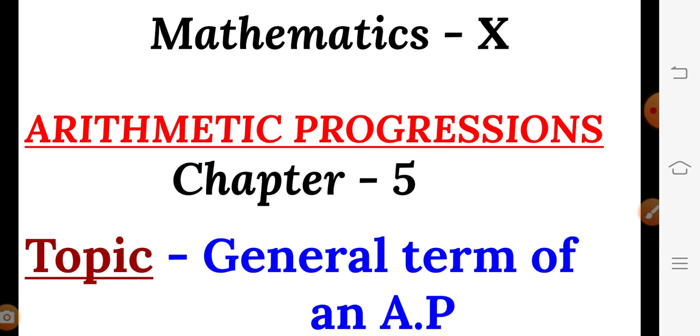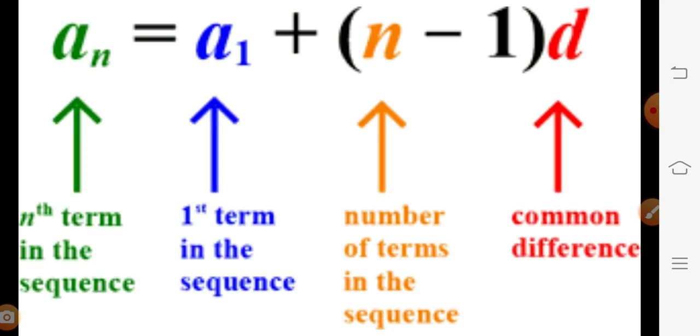We represent the first term by small a, and by small d we represent the common difference, the difference between any two consecutive terms of the given AP, and n we call the number of terms. All these things we are able to find by using the formula for the nth term of an AP, or the general term of an AP.